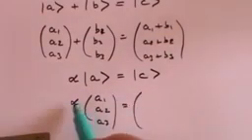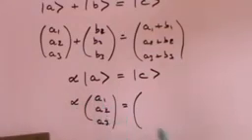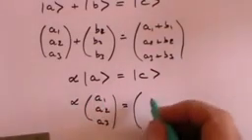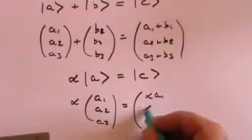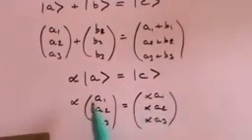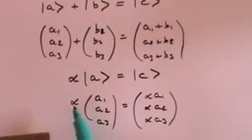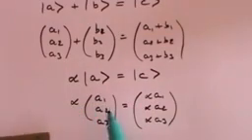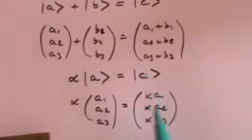You simply multiply alpha on each of these terms to give you a new ket vector, which is alpha A1, alpha A2, alpha A3. So whatever that number, whether it's a real number or complex number, you simply multiply each of the individual terms by that number, and that gets you the new ket vector C.